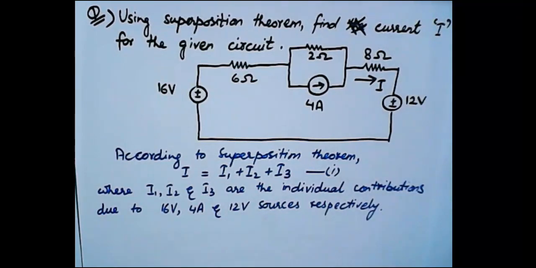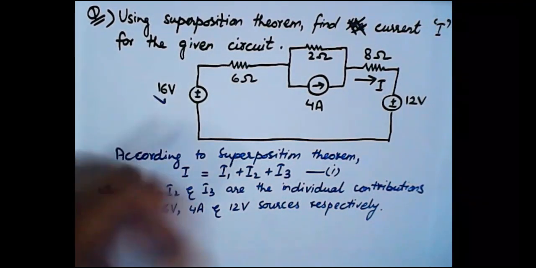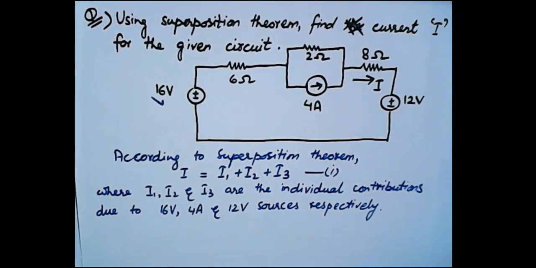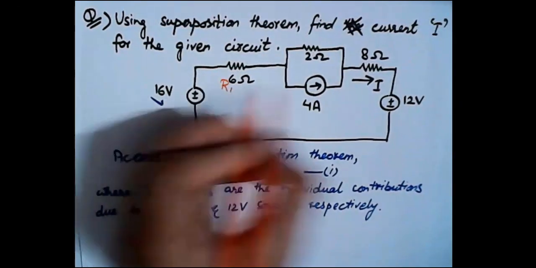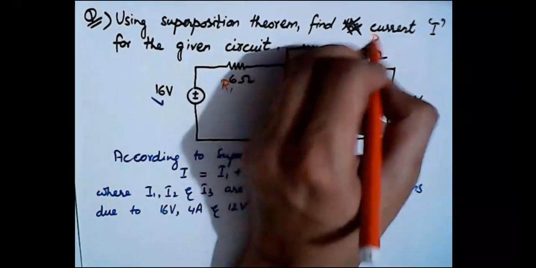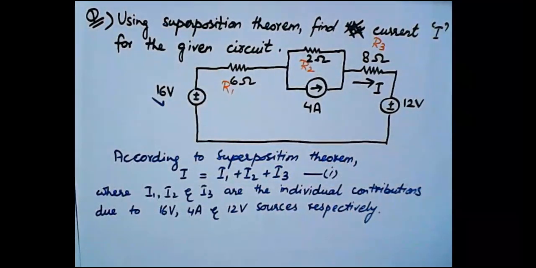So first of all, we need to consider one source at a time. So let's consider the 16 volt source and, rather than ignore, turn off the other sources, that is the 4 ampere source and the 12 volt source. Let's name the resistances as R1, R2 and R3.